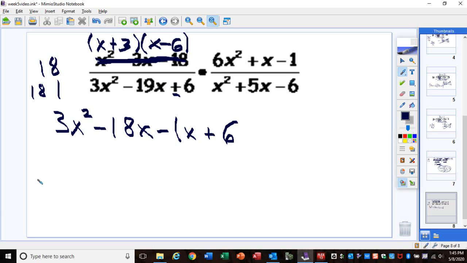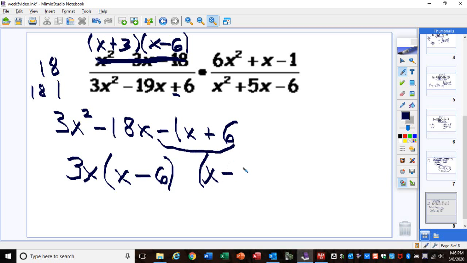Okay, so what's common here is 3x. 3x, divide by 3x, and we're going to get x minus 6. Now, you know this has to be x minus 6. These last two terms have to be x minus 6. But what's going to go here is negative 1.